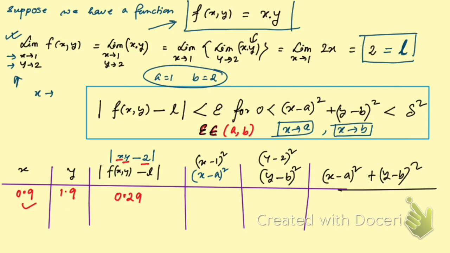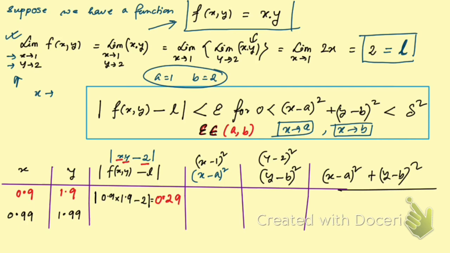So hope you have understood this. This is what we have done here. We have done mod of x into y minus L, in this case 2, and that is equal to 0.29. Similarly, now let us take x as 0.99 and y as 1.99.